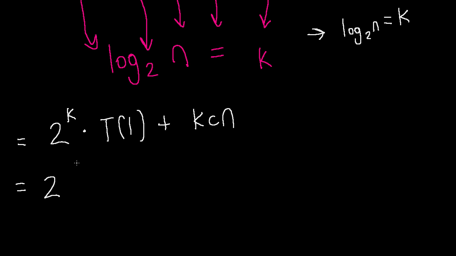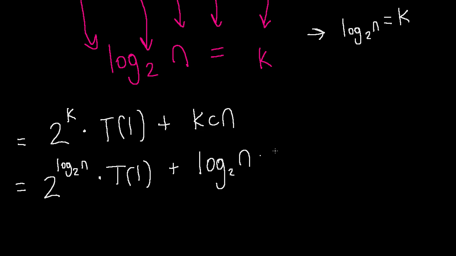So up here, we will have 2 to the log base 2 of n times T of 1, which is going to be a constant, which we'll replace with something like a c we have over here. I'll use a different c because it might not be the same one, so we'll want to make sure we split those up. And then we'll have log base 2 of n times c times n. Now we're looking at this over here.